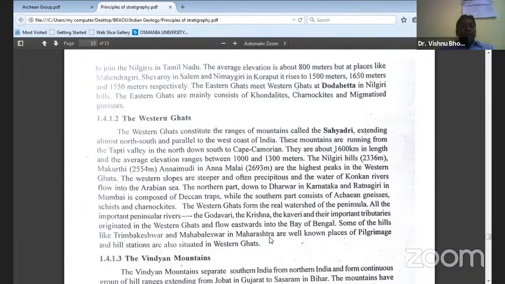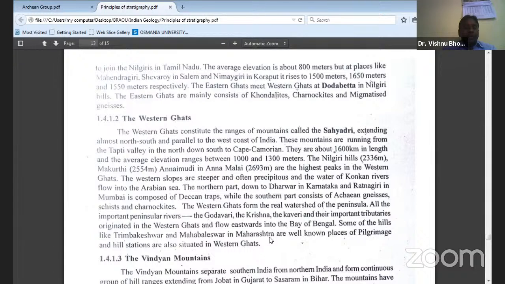The main composition of these Eastern Ghats is Khondalites, Charnockites, and Migmatite gneisses. The Western Ghats range is called Sahyadri. It extends north to south, parallel to the west coast of India.